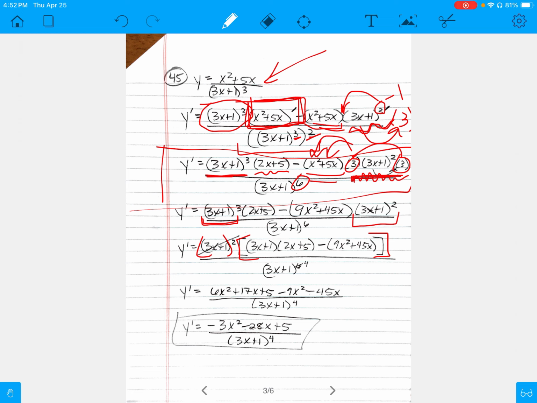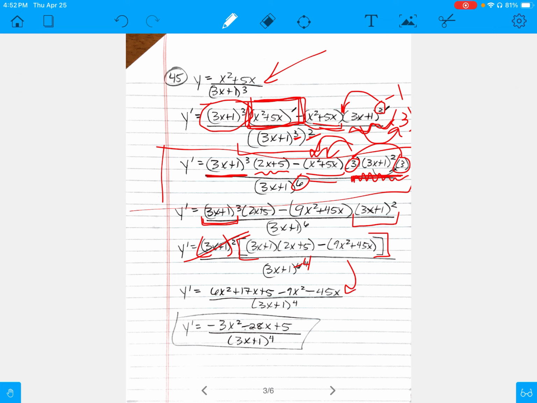And then because we have a (3x + 1) quantity raised to the 6th in the denominator, those become a common factor in the numerator and the denominator. So I can cancel 2 of them out of the numerator, and if I cancel 2 of them out of the denominator, there are now 4 left.